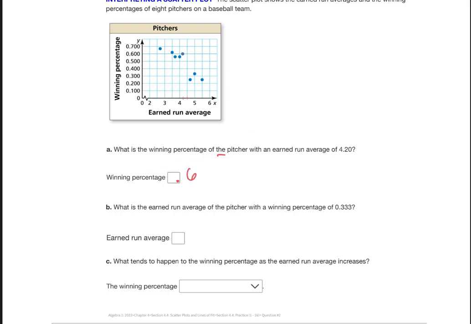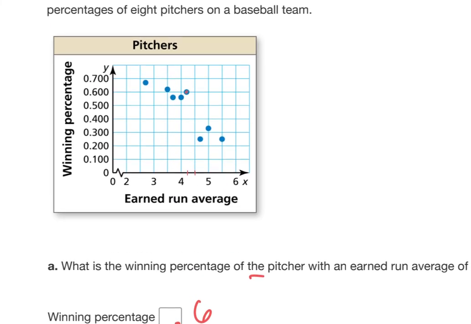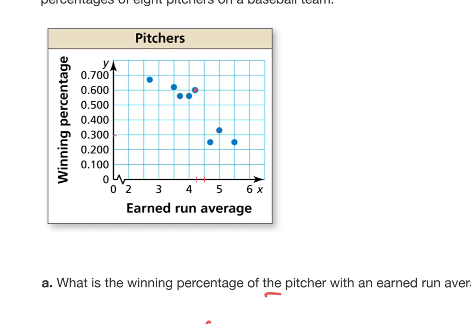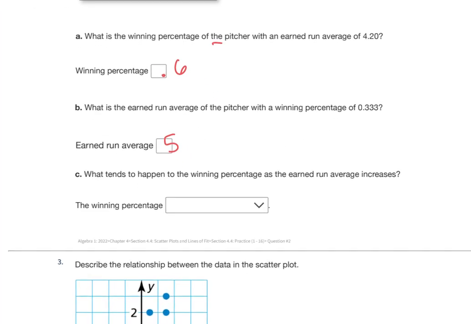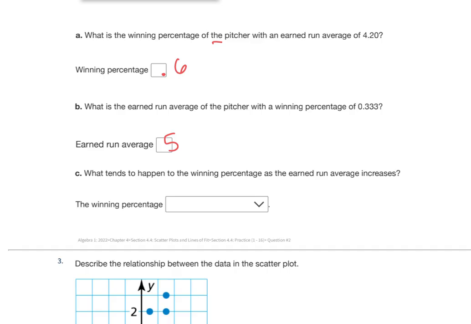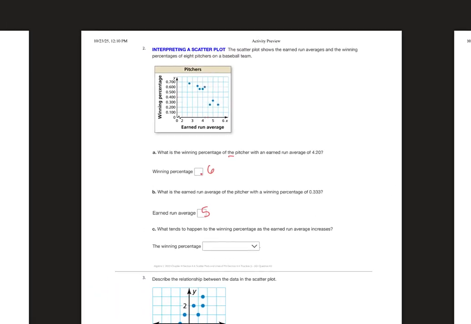0.6 is their winning percentage. What's the earned run average of the pitcher with a winning percentage of 0.3333333? There's 0.3, there's 0.4. So again, we're going to kind of go in the middle there. All right, it is 5. Okay. What tends to happen to the winning percentage as the earned run average increases?